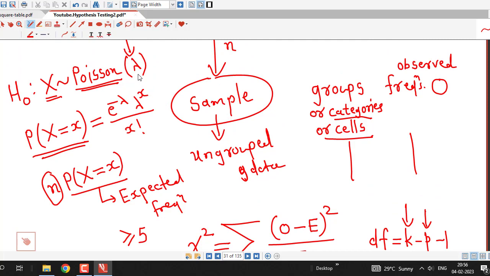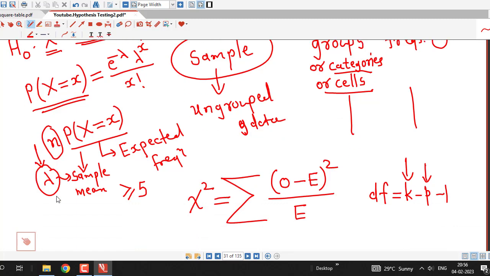For example, suppose I don't know the parameter lambda of the Poisson distribution, or it is not given in the question, then I will estimate lambda using the sample mean. So I find the mean of this sample data, and use that sample mean as an estimator of the population parameter lambda.